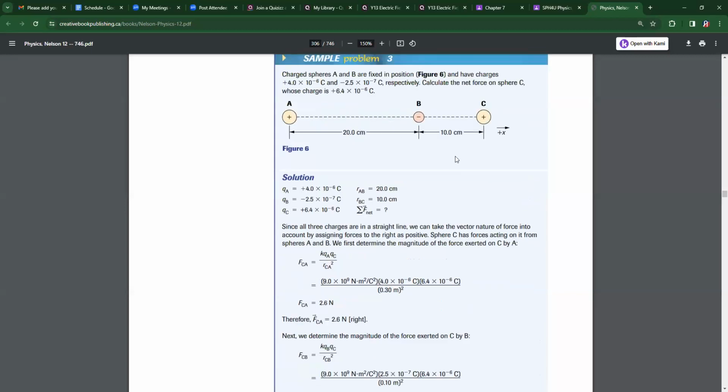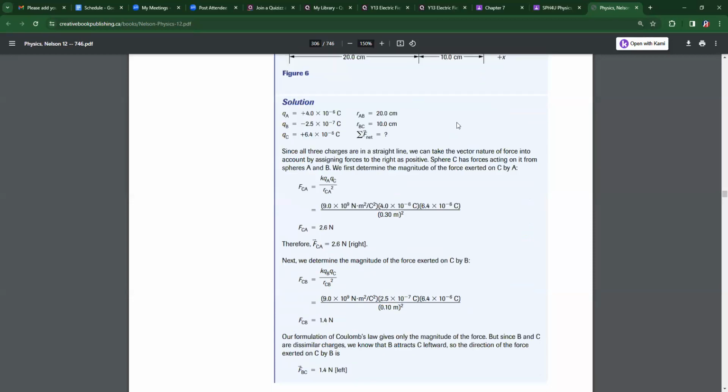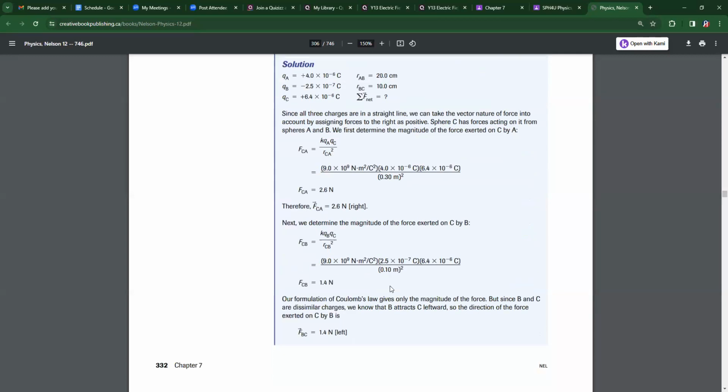Now C from B. Charge B will pull charge C to the left because opposites attract. Then think about two vectors, one to the right and one to the left. How do we get the resultant vector? Bigger minus smaller, in the direction of the larger vector.